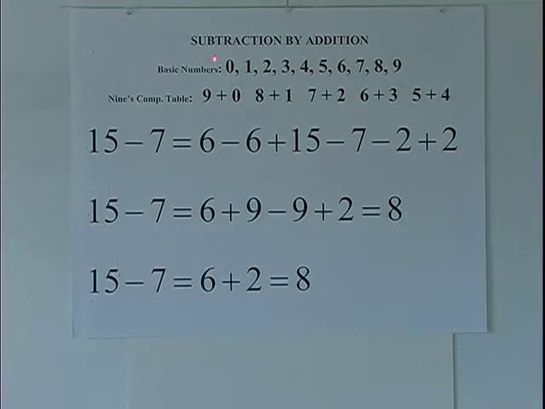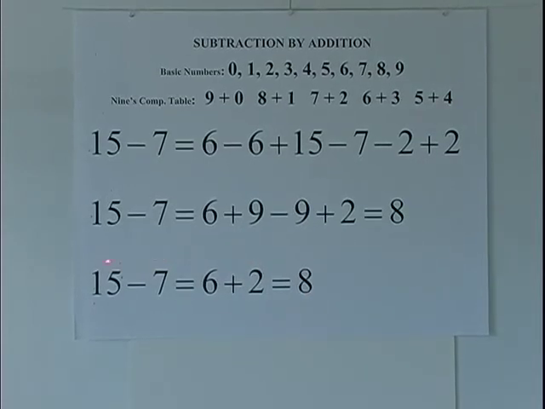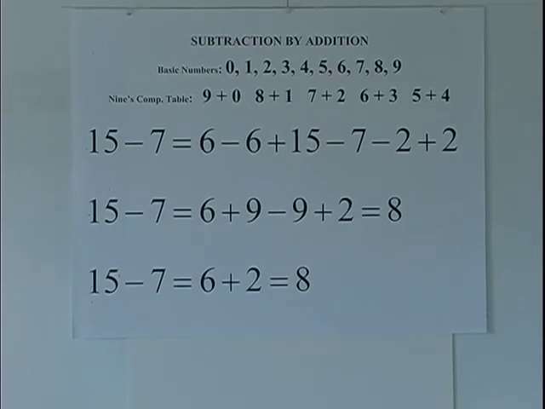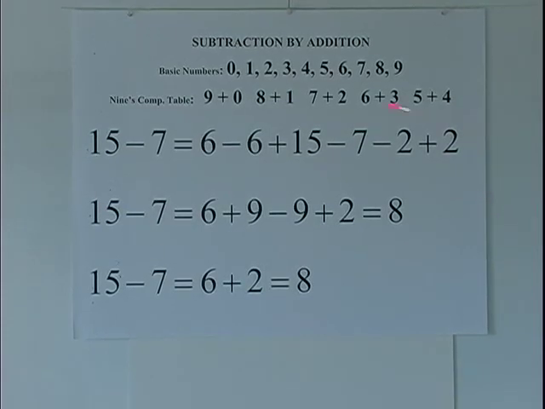The algorithm for subtraction by addition is, I will add the numbers in the minuend, 1 and 5. I get a 6. I will take the 9's complement of the subtrahend, which is 2, and add it to the 6. 6 plus 2 is equal to 8. So with the algorithm for subtraction by addition, I did only one operation versus 4 for subtraction by subtraction.